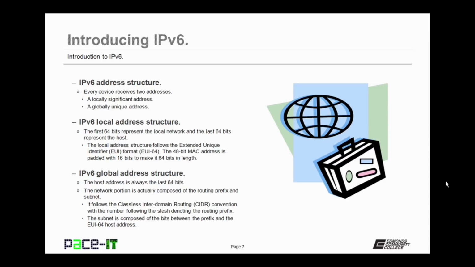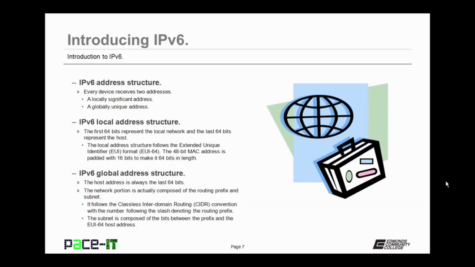The local address structure follows the Extended Unique Identifier, the EUI format, specifically the EUI-64. The 48-bit MAC address is padded with 16 bits to make it 64 bits in length. There is a specific formula for doing that. You just need to know that it's done.